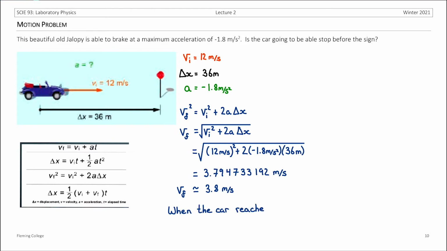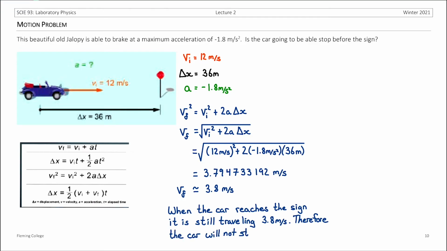Because we found that when the car reaches the sign, it still has velocity, then we know it is not stopped. We were expecting to see a velocity equal to 0 meters per second. So our final statement needs to address that point.